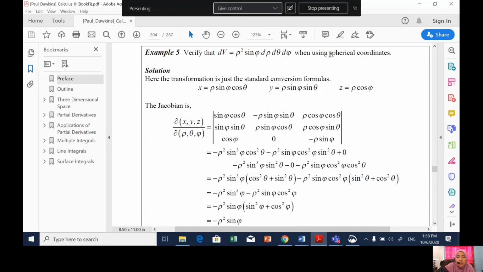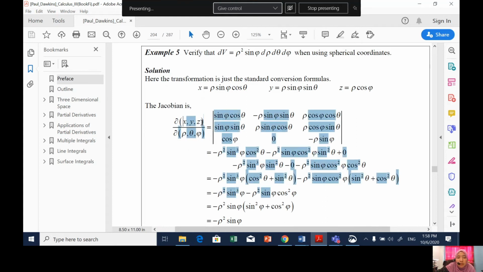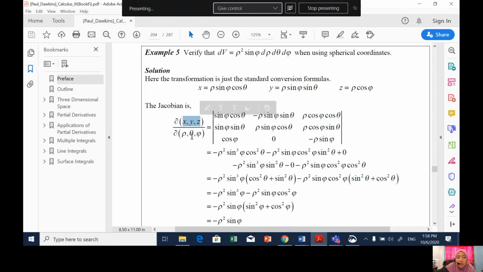In spherical coordinates, we have rho, theta, phi, as shown here. So please take note of the arrangement of the variables. So x, y, z is in the Cartesian 3D. So rho, theta, phi is in the spherical.